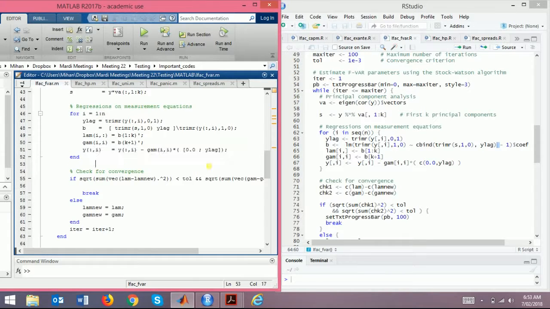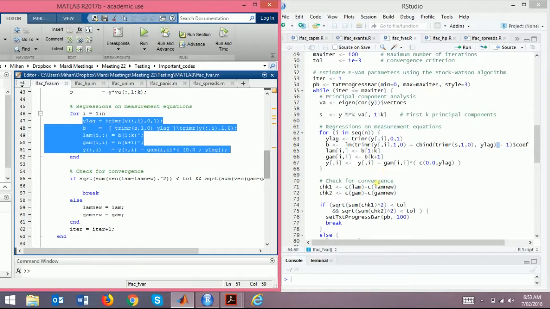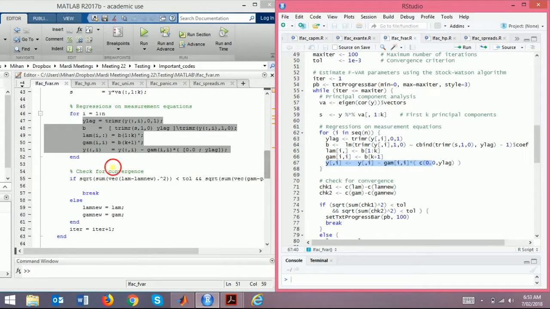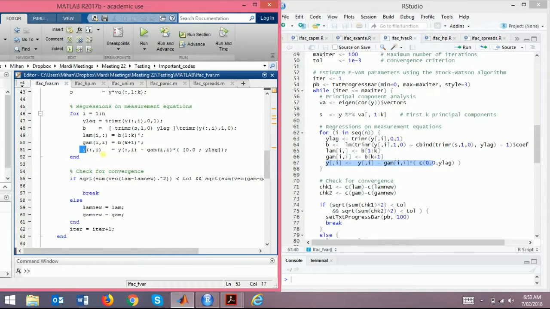These two are the most important factors. So this is the basic equation structure, right? Lambda is v equal to 1 to k, gamma is v k plus 1. Column bind a 0 with y lag, because we are making it the size of regular y. Very simple. Y lag is one size smaller, that's all.